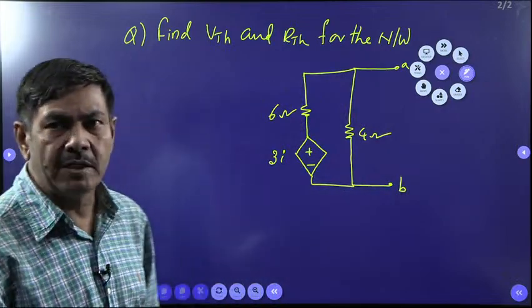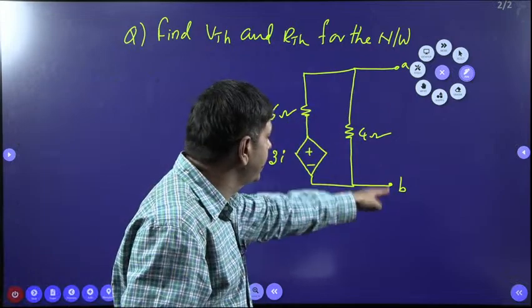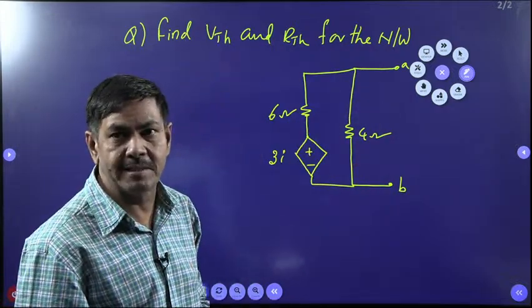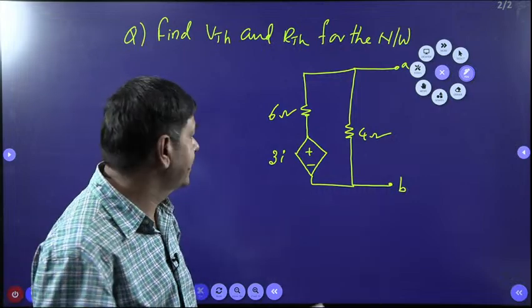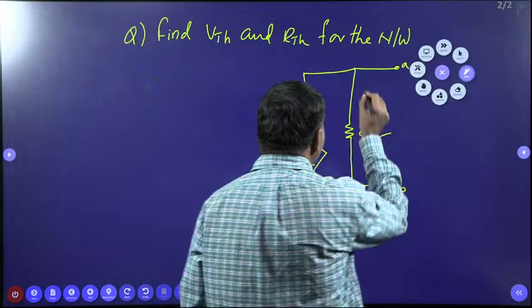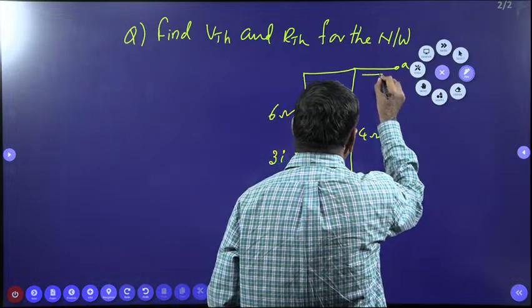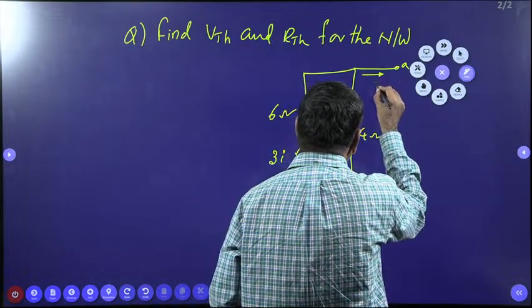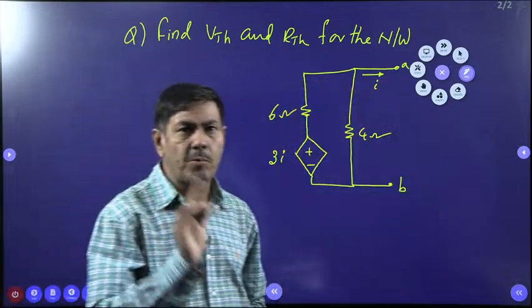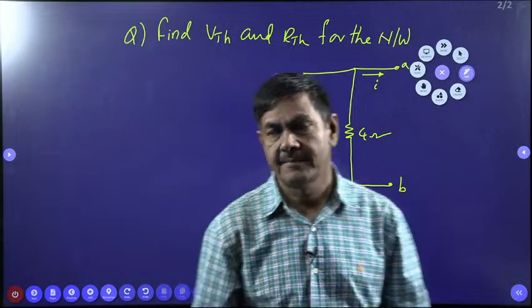Thereby, the required voltage is across AB. Voltage across AB is the open circuit voltage, and that open circuit voltage is nothing but the Thevenin's voltage, as I said. The current I is given in this path. One more point you have to understand clearly.